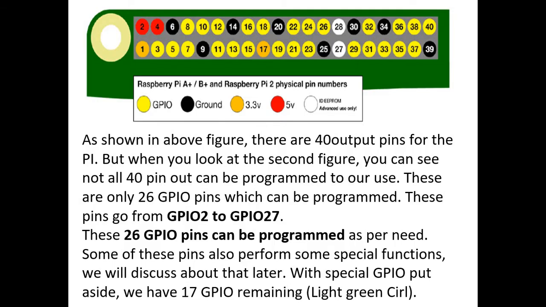As we have discussed, we are using board mode, so I'm using the physical number convention. So in this example, one wire should be connected to ground and the other wire should be connected to either of these yellow lines. Yellow line means pin number 1, 3, 5, 7 and so on.